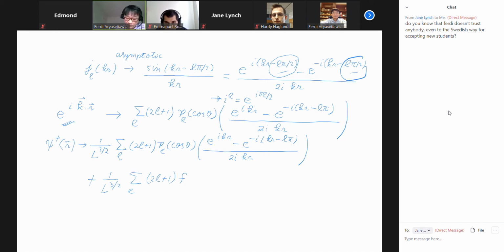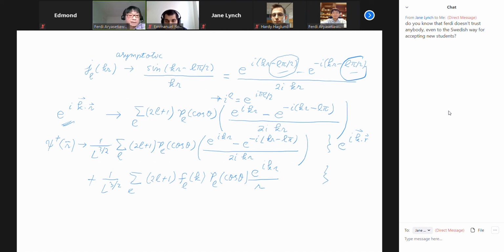So we have worked out that the scattering amplitude can be written in this way here. So I have the spherical wave. So this corresponds to the e dot r. That's the asymptotic form, and this is the scattered part.